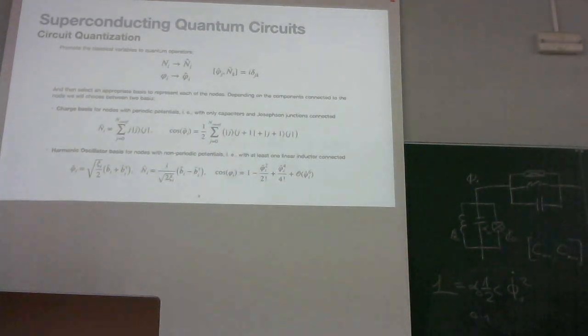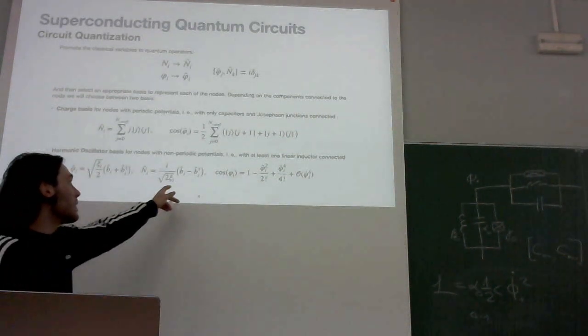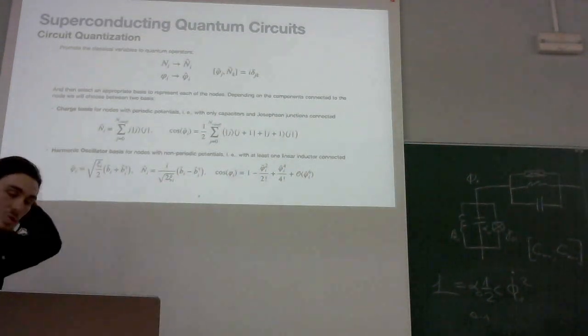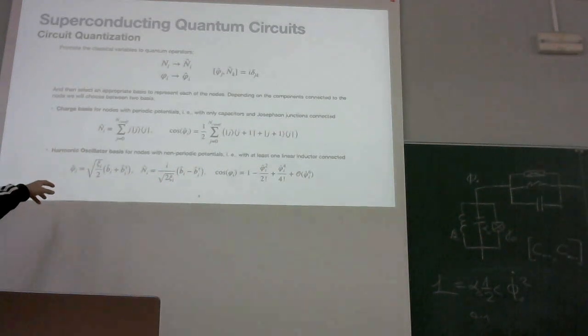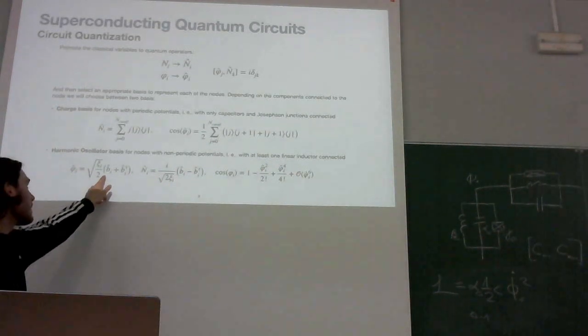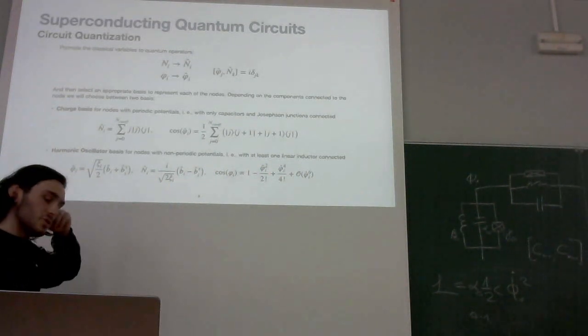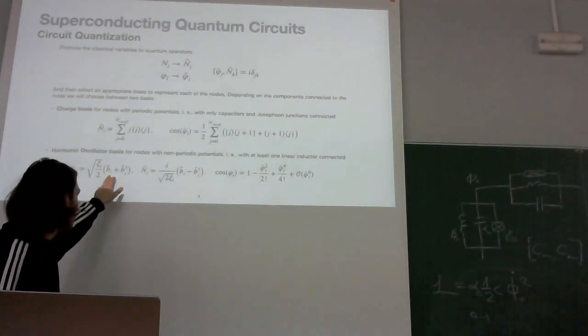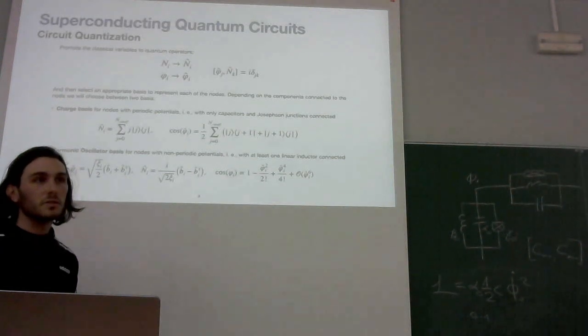More suitable means that the cutoff we need to use to truncate the dimensions is smaller. For nodes where we have at least one linear inductor connected, the potential would be non-periodic, and we need to use the usual creation and annihilation operators.